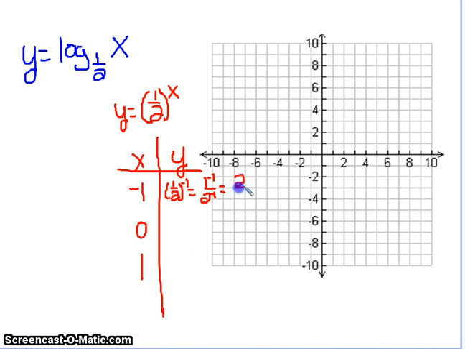That's going to give me 2 over 1, or just 2, so we are going to have 2 as our answer. Anything to the 0 power is 1. And anything to the first power is going to give me 1/2. This is my exponential.